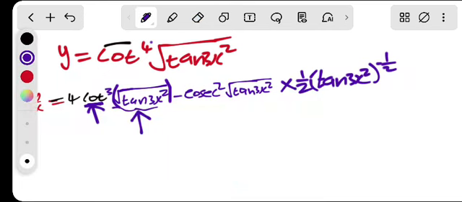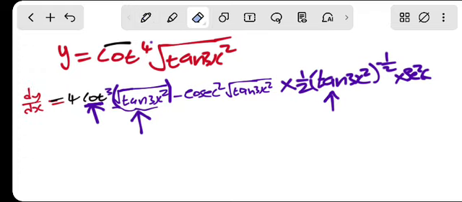Then you multiply again by the derivative of what now? Of tan. The derivative of tan is simply secant squared. Let me write it here below.